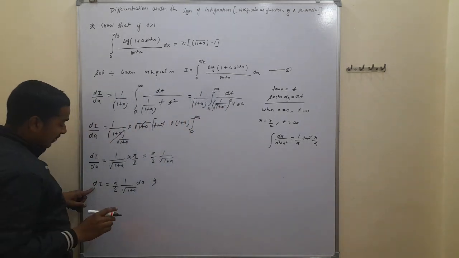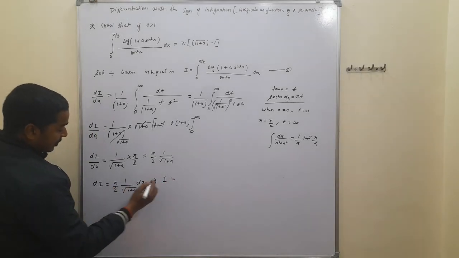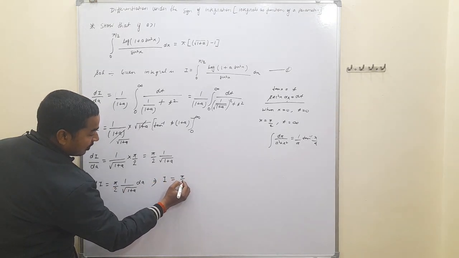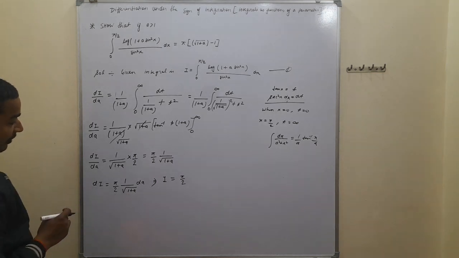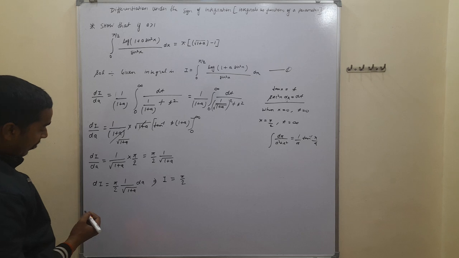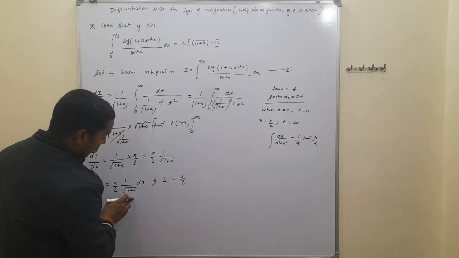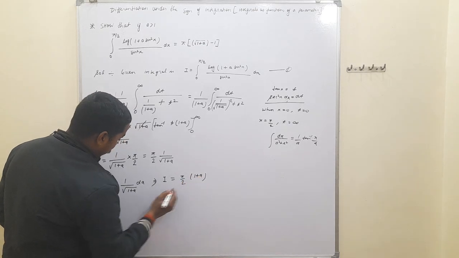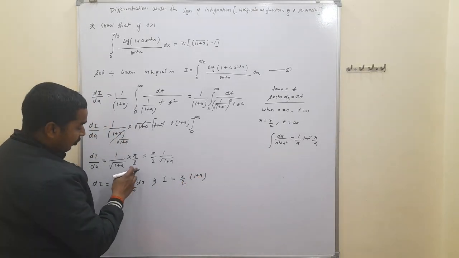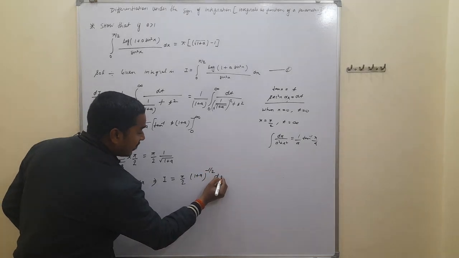This is the integration of dI, which is I, and here pi by 2 is taken as constant, and the integration of dA upon under root of 1 plus a. We can also write it as 1 plus a to the power 1 by 2, and taking it into the numerator, that is minus 1 by 2, dA.